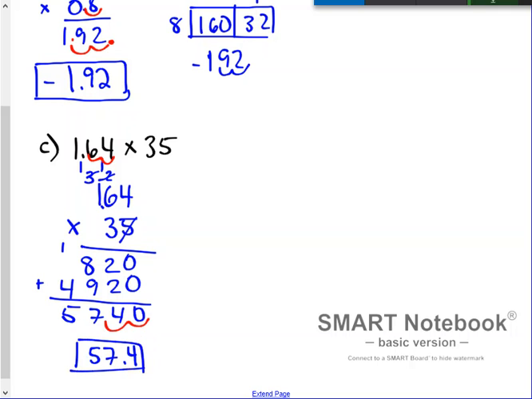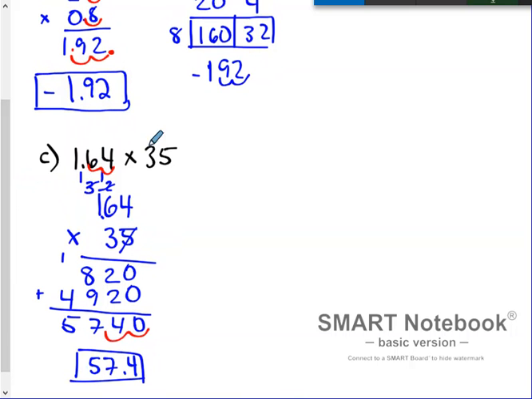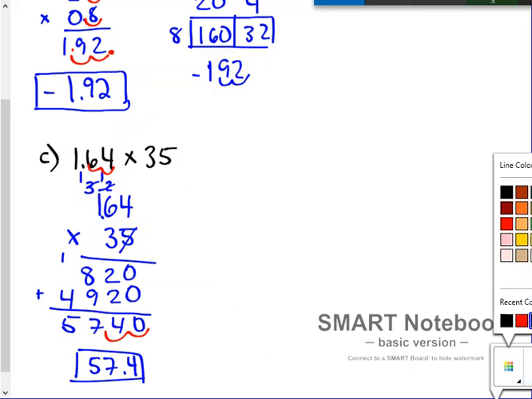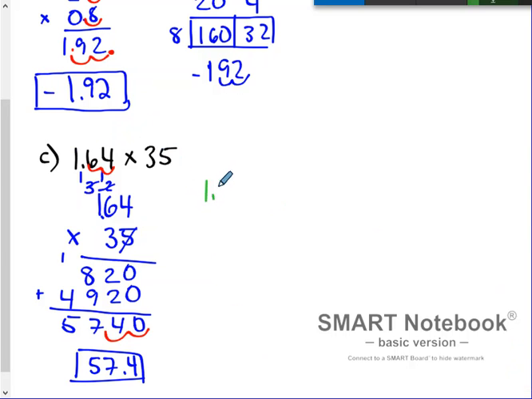So 57.4. Now, seeing if that answer makes sense, we're just going to do a little estimation. So 1.6 is around 1.5-ish. So this is kind of like 1.5 times 35. So 1.5 of 35 is like you have 35 once, and you have another half of 35. So half of 35 is around 17, like 18.